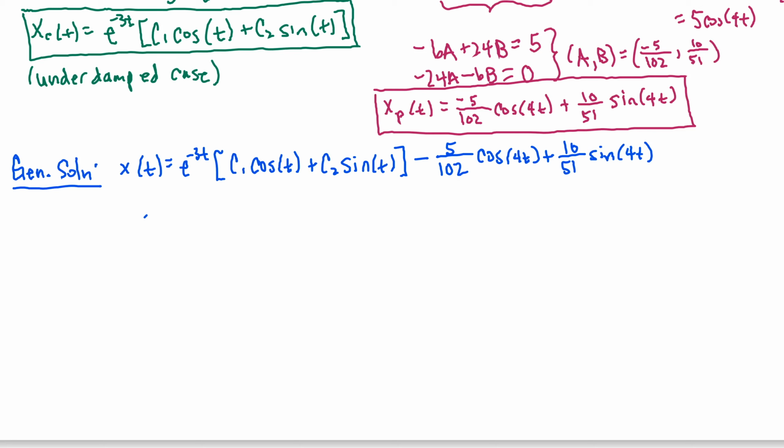Okay, this is going to be a lot of work, but here we go. We're going to need our first derivative because remember we do have an initial condition involving our first derivative.